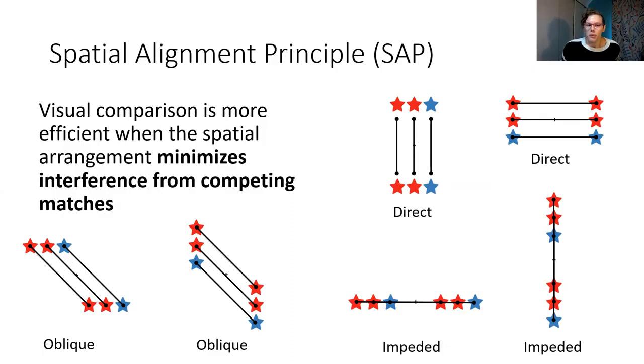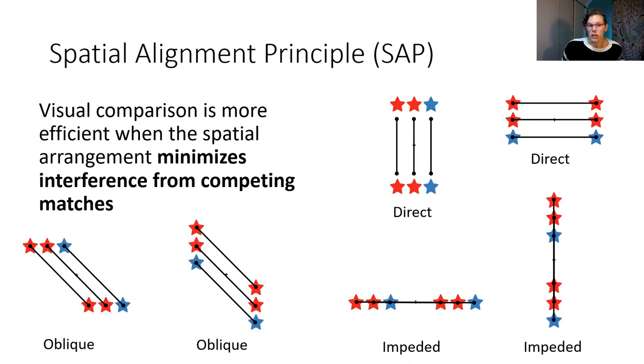You get maybe a little bit more spatial competition from what should go with what. And as these angles change to get more and more impeded, it gets harder and harder. So it's a matter of degree in terms of how the spatial alignment is supporting or interfering with finding those correct correspondences.